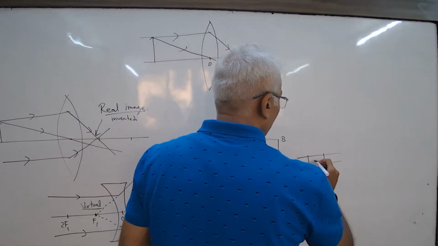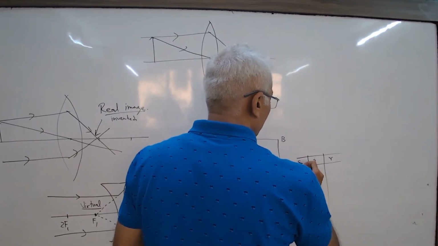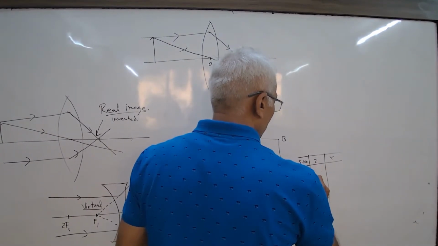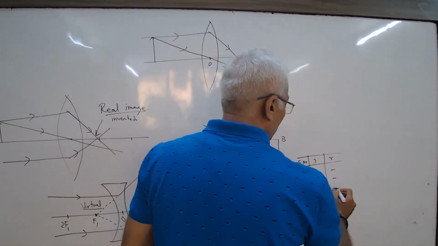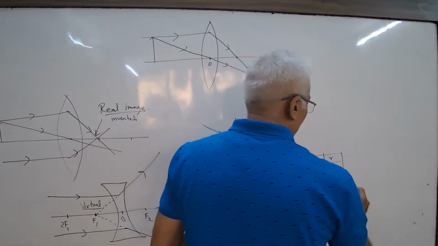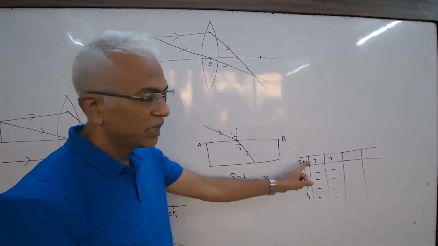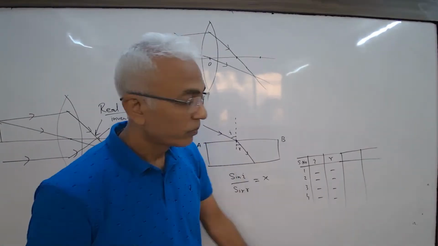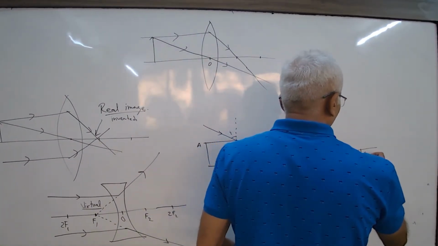ठीक है? You'll measure I, you'll measure R for various observations. ठीक है? एक्सपेरिमेंट में तुमने अलग अलग एंगल ऑफ इंसिडेंस के लिए I और R नोट किया, फिर तुमने सबका साइन ऑफ I और साइन ऑफ R निकाला.